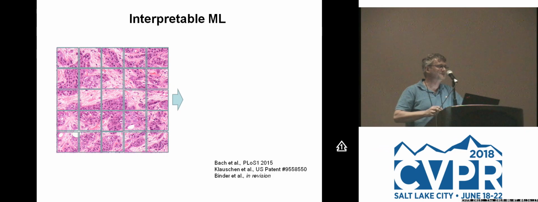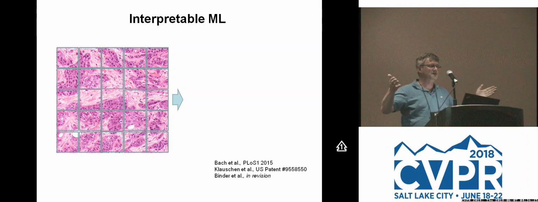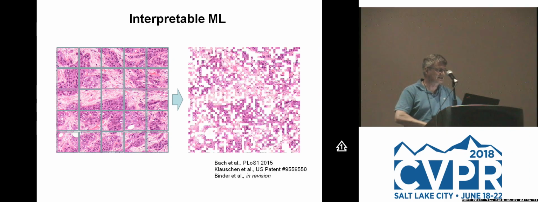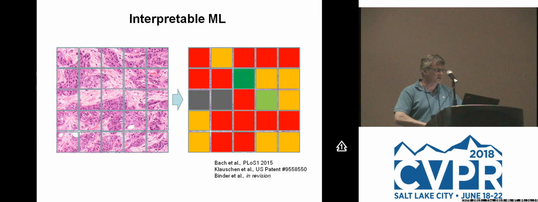These pictures are amazingly large. They can be 100,000 times 100,000. So now we are classifying every little tile as cancerous and non-cancerous. The problem that we have is that we only get one label for the whole image, because we know this is a cancer case or not.